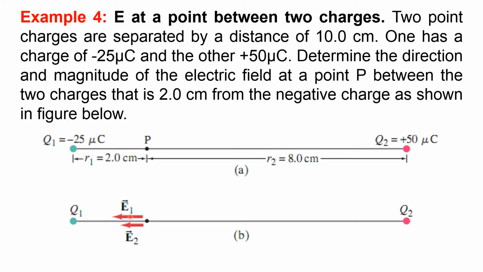It's the reason why the electric field due to charge 1 is oriented towards charge Q1. And the electric field is oriented away from the positive charge. It's the reason why the electric field due to charge 2 is also oriented to the left.